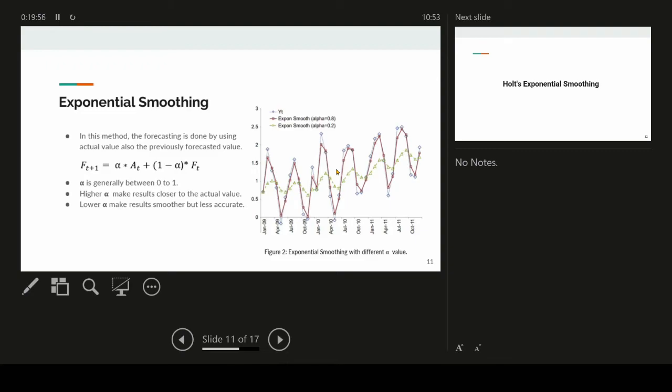I mainly use 0.2 or 0.4 alpha to predict the next value. With alpha nearer to 0, you can see the yellow graph smooths down the forecasted value. The triangle one has an alpha value of 0.2, so it is smoother.